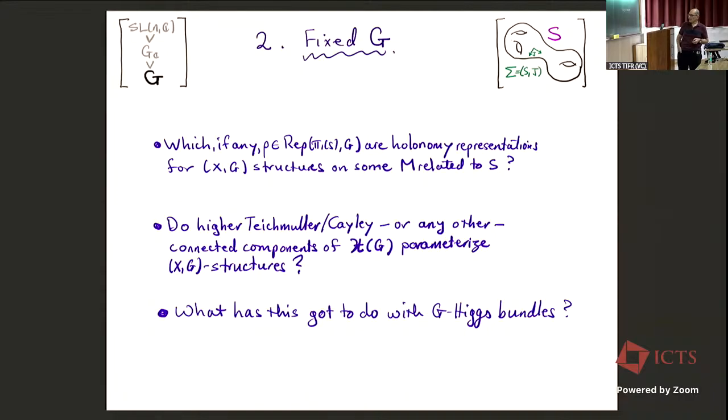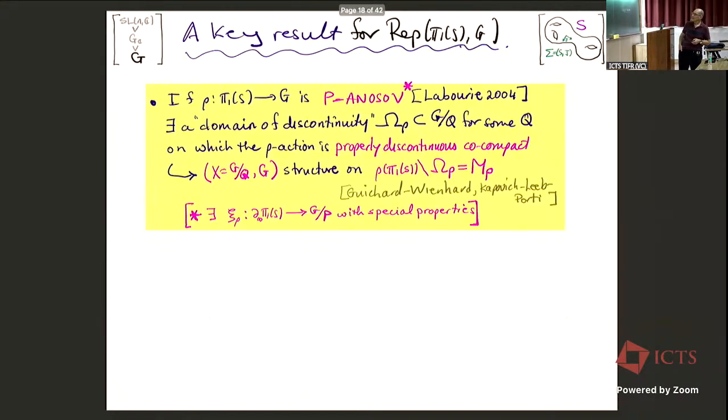And really what we want to talk about is what has this got to do with Higgs bundles? So these questions don't require Higgs bundles to formulate, but we want to see what light is shed on them by the Higgs bundle point of view.